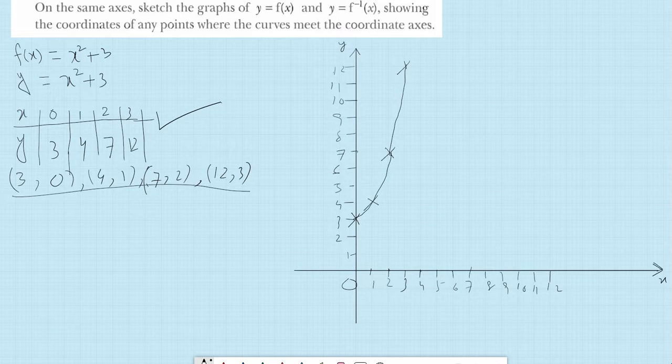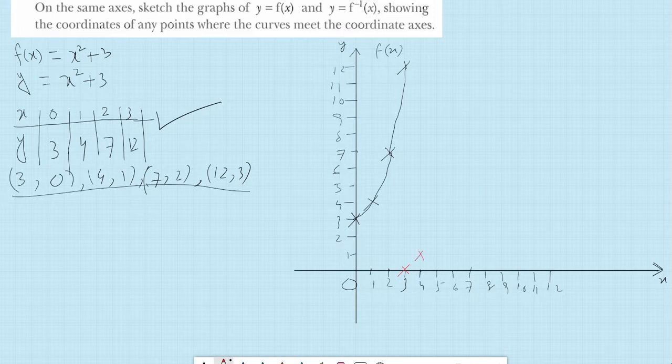Now, draw the inverse of this function. This is f(x). Draw the inverse of this function. So (0, 3) becomes (3, 0). This is the first point. (1, 4) becomes (4, 1).